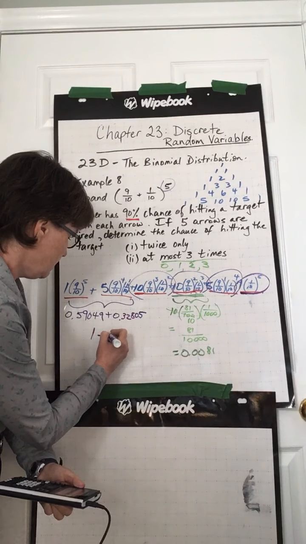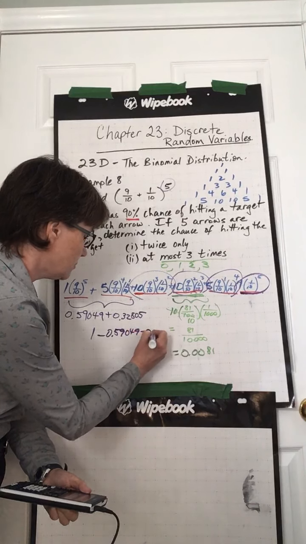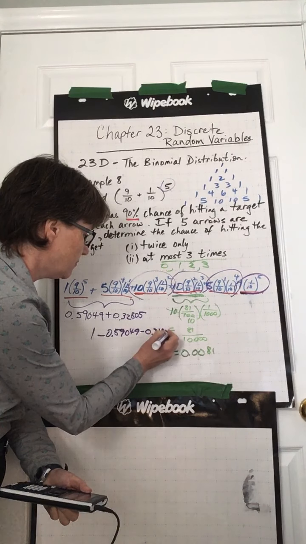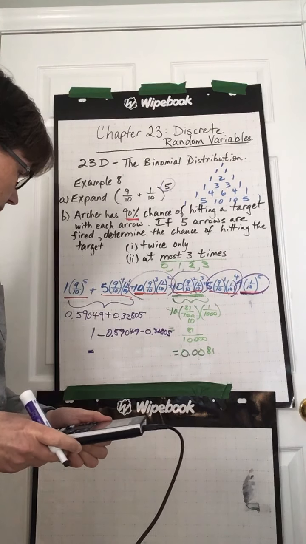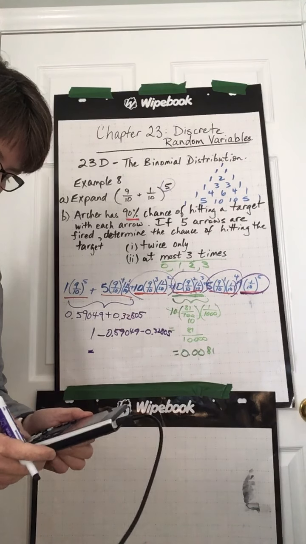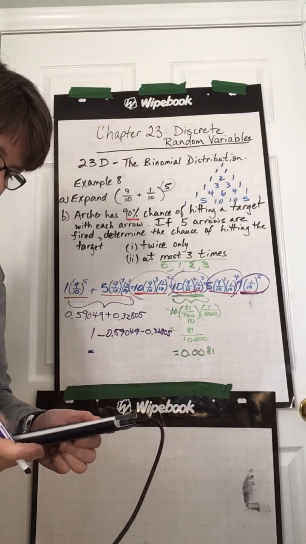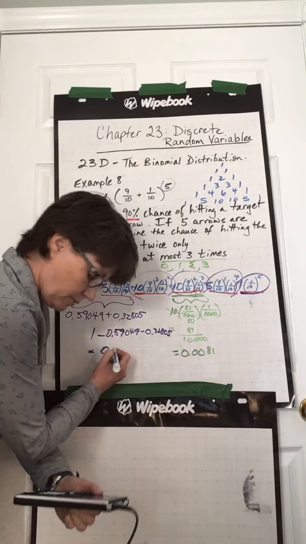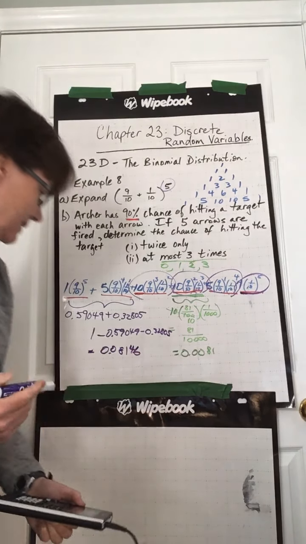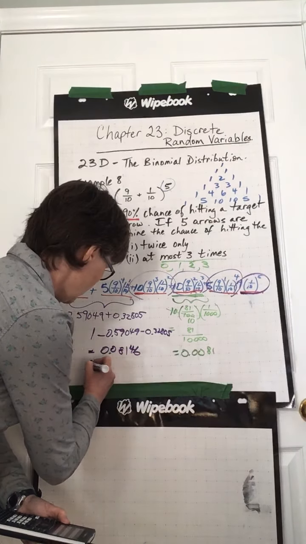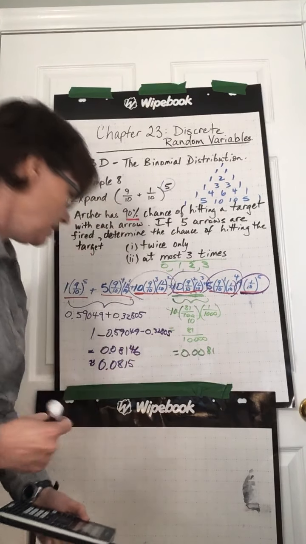So I would do 1 minus 0.59049 minus 0.32805. Equals 0.08146. And we would round that to 3 decimal places unless stated otherwise.